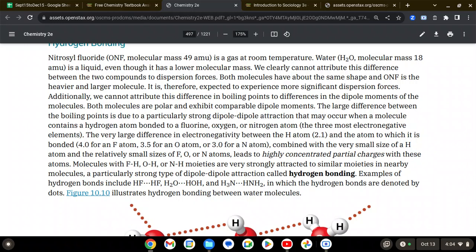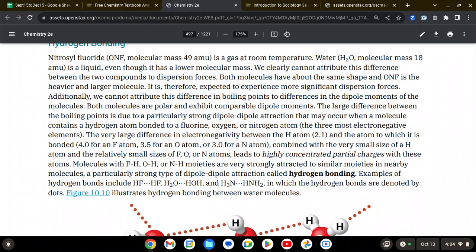The very large difference in electronegativity between the H atom and the atom to which it is bonded, combined with the very small size of the H atom and relatively small sizes of fluorine, oxygen, and nitrogen atoms, leads to highly concentrated partial charges on these atoms. Molecules with FH, OH, and NH moieties are very strongly attracted to similar moieties in nearby molecules, a particularly strong type of dipole-dipole attraction called hydrogen bonding.